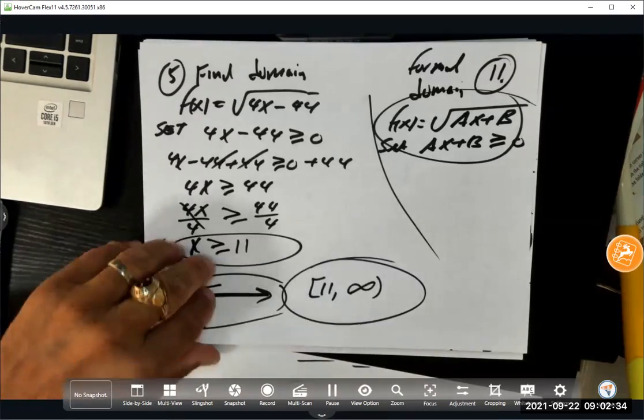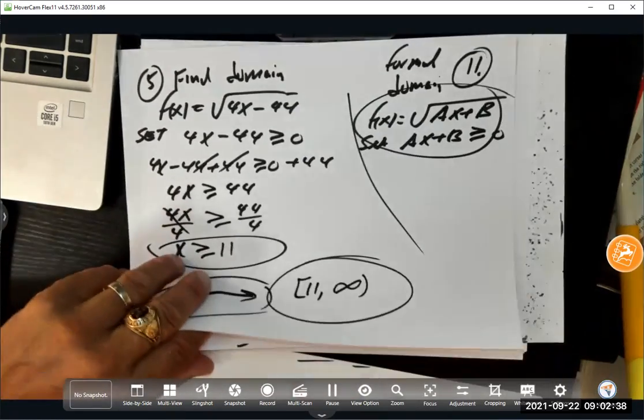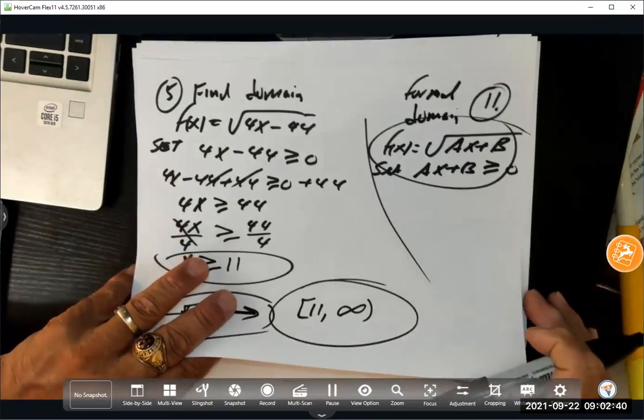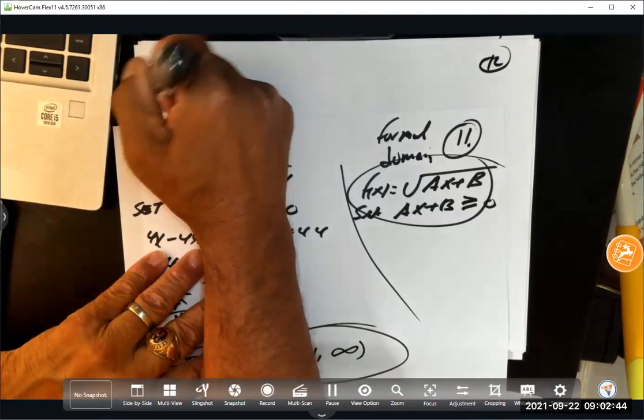I'm gonna say skill number 5 is okay. All right, let's go next one. Page 12. Let's go to number 6.